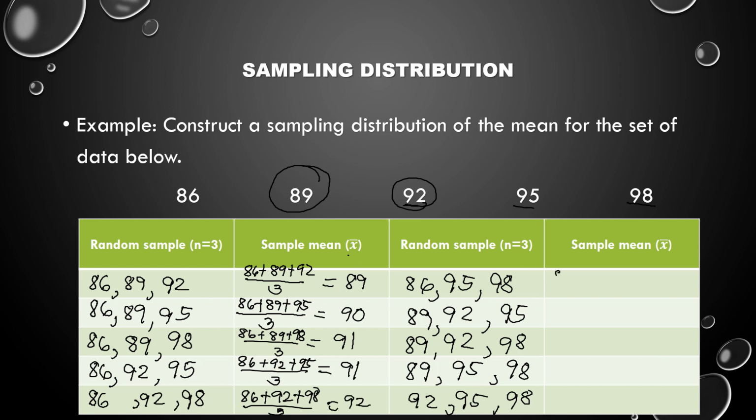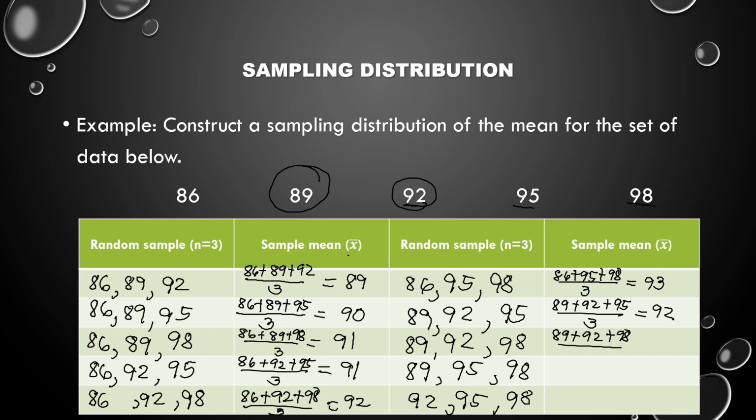Next one, we have 86 plus 95 plus 98. We divide this by 3, and that will be equal to 93. That will be your sample mean for that one. Next, we have 89 plus 92 plus 95. We divide that by 3, and that will be equal to 92. And next, 89 plus 92 plus 98.